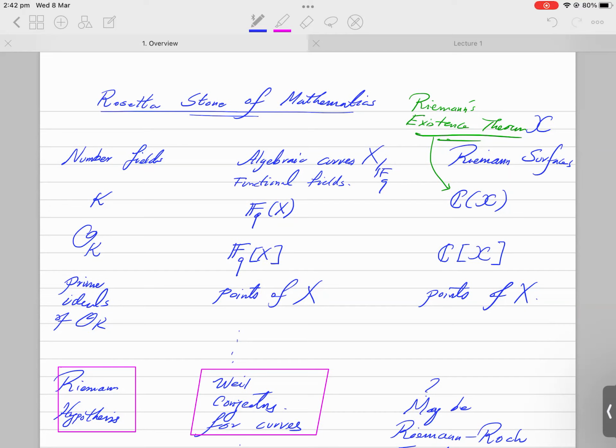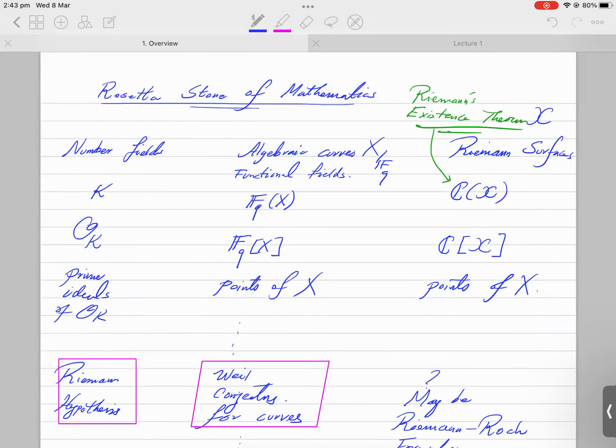And if you look at the ring of integers, then instead of rational functions, you will be looking at algebraic functions or holomorphic functions. So here we're using another great discovery of Riemann, that Riemann surfaces are actually algebraic. So this comes down to the existence of enough meromorphic functions on a Riemann surface.